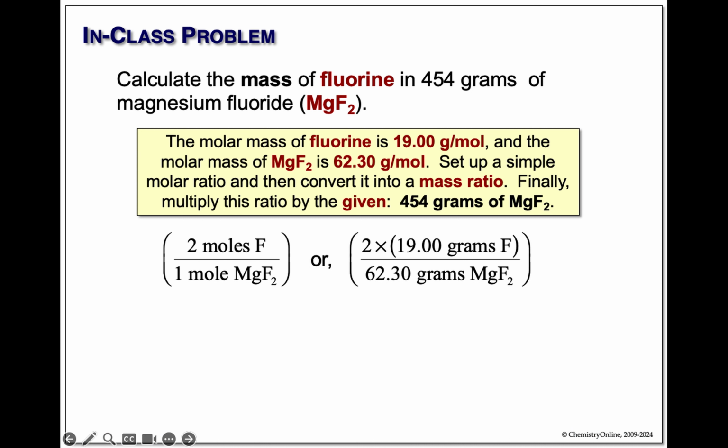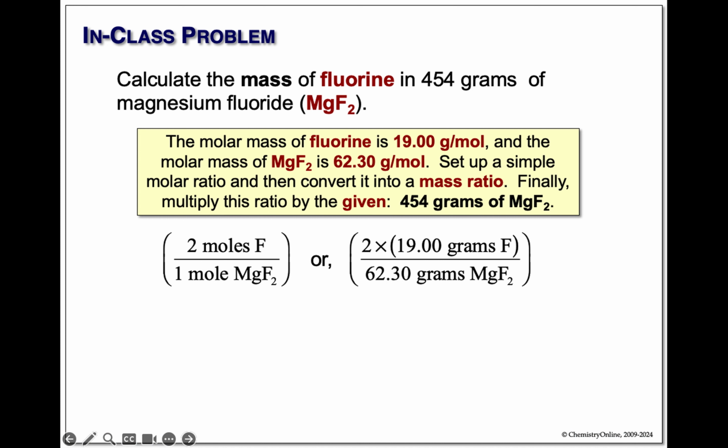Now we could convert this directly to a percentage, multiply our 454 by the percentage, or we could save ourselves a step and say, wait a minute, there's my given, I need a ratio. That's a ratio, right?